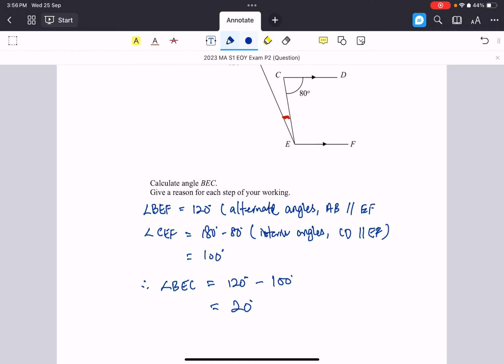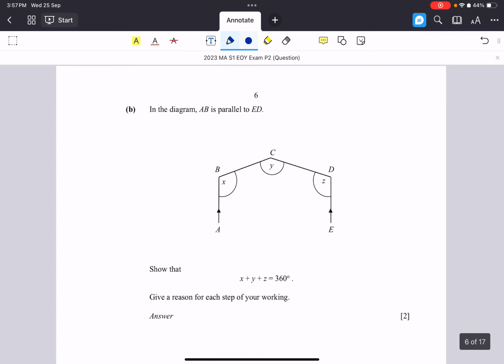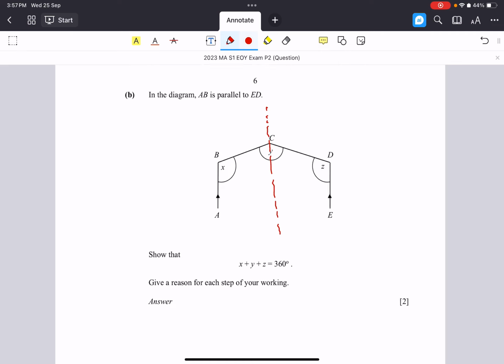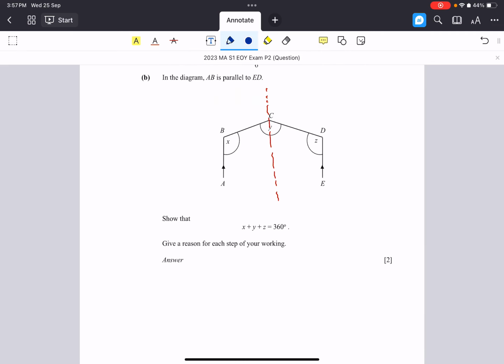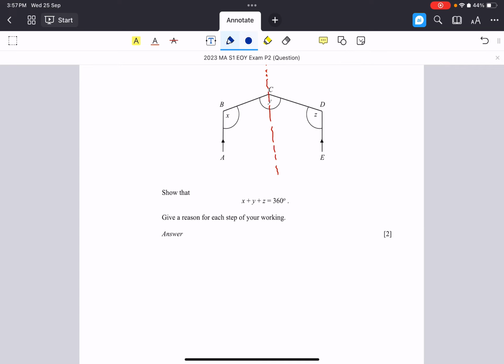Okay, right, part B. We get a typical diagram like this again. We're making use of parallel lines. Show that x plus y plus z equals 360. I'm going to use my pencil and mark it out here. From here, what we can see is angle y degrees is actually going to be 180 minus x plus 180 minus z.